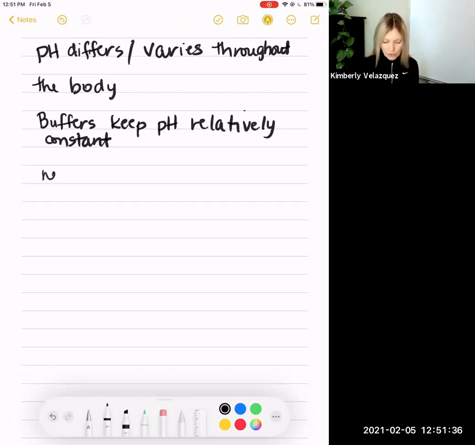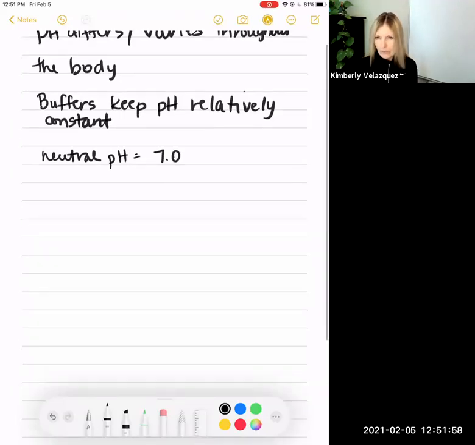I think of neutral as being the true definition, and that is that neutral pH is 7.0. There is almost nowhere in your entire body that is exactly pH 7.0, and that pH differs throughout your body.